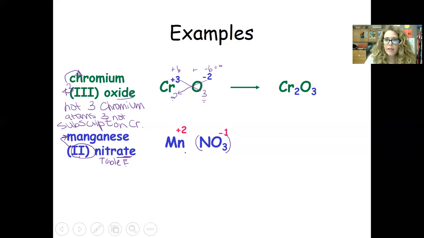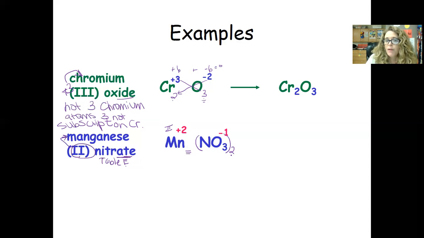And this is a -1 charge. So when I do my symbols, charges, crisscross, I need 2 nitrates, right, 2 of those -1 charged groups, and then 1 of the manganese. So now I have a -2 balanced by that +2. Notice that this Roman numeral 2 here is the positive charge of the metal. Notice it is not the subscript of the manganese.